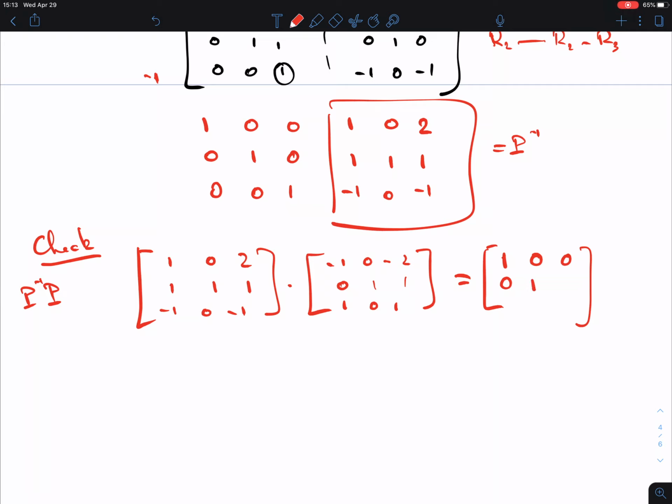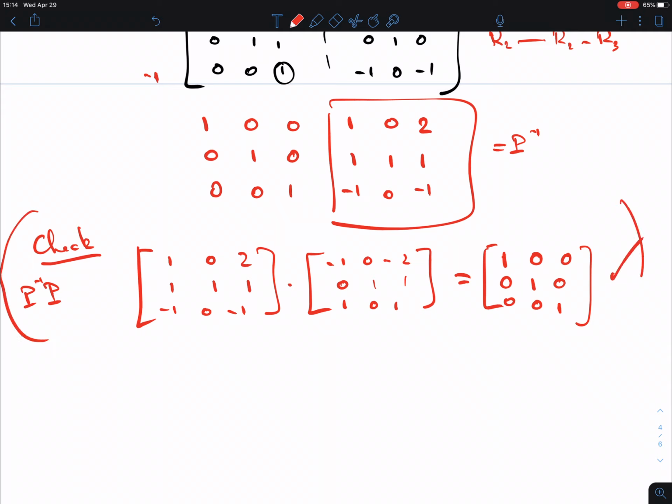Minus 2 plus 1 plus 1, that's 0. Minus 1 is 1 plus 0 plus minus 1, yep. 0, 0, 0. And then finally, 2 plus 0 minus 1 is 1. Okay, it worked. So it was correct. But I'm putting this between parentheses saying this is not part of what you need to do.